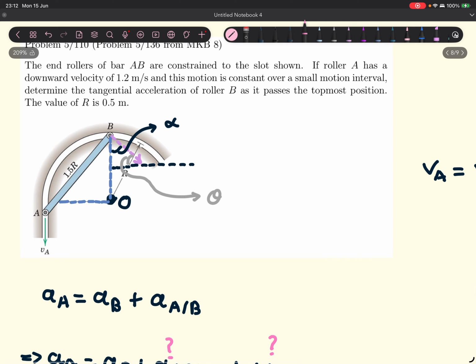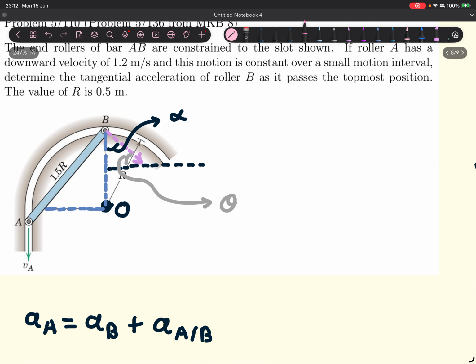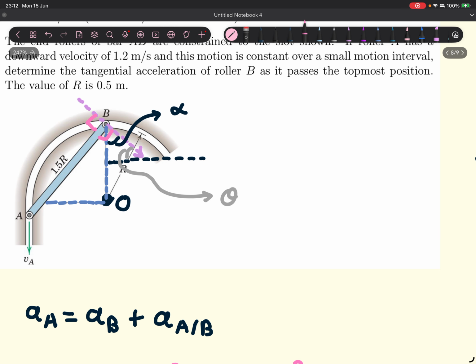Then I know that this is perpendicular to that, and I can extend it further and say that it's also perpendicular on the side if need be.